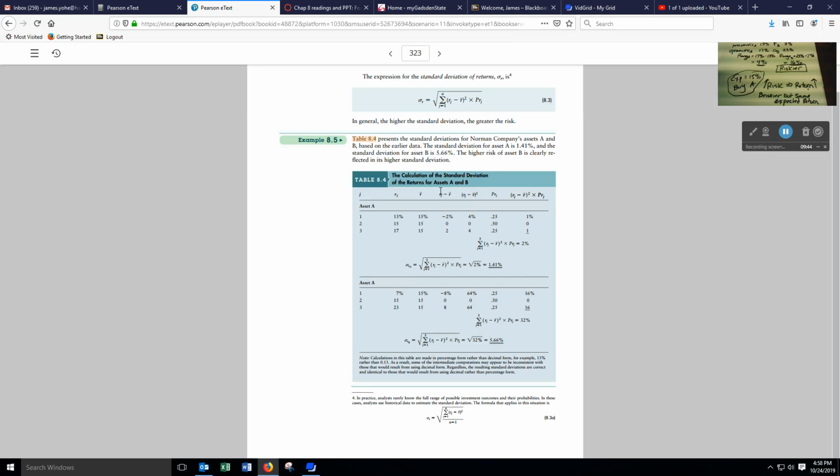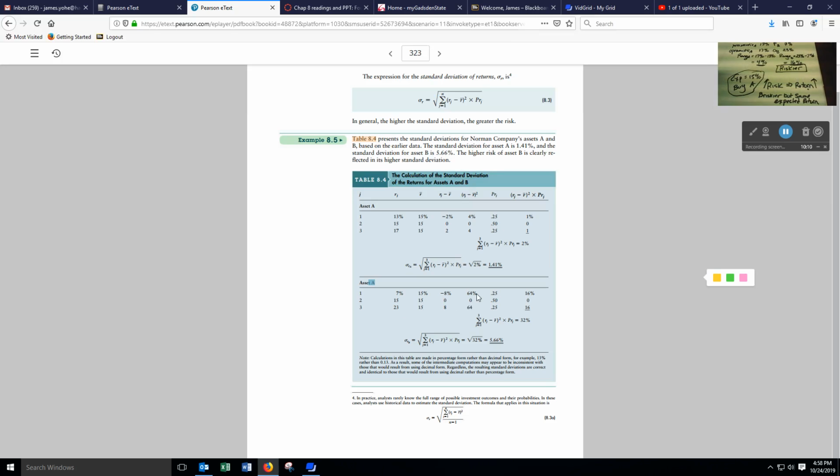So we're just doing what we did up here for asset B. Then we take the optimistic return of 23%, subtract 15, we get a positive 8%, square it. That's 64%. So these are the deviations of these returns about their means squared.